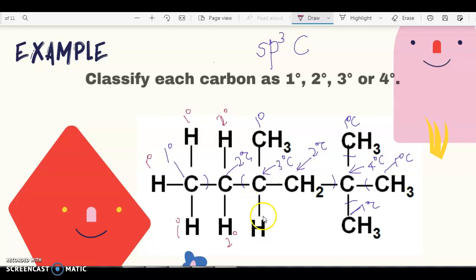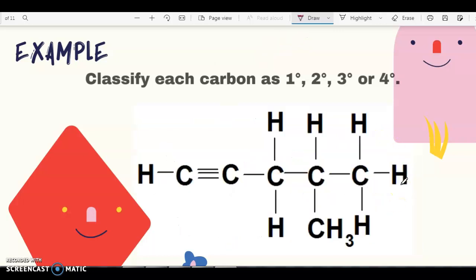Alright, so this one, the one hydrogen, is it primary? No, because it is bonded to a tertiary carbon, so automatically it will be a tertiary hydrogen. These 2 hydrogens are bonded to a secondary carbon, so they are secondary hydrogens as well. The remaining ones in the CH3 groups will all be primary.